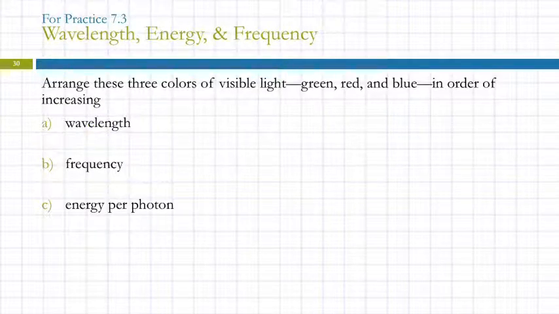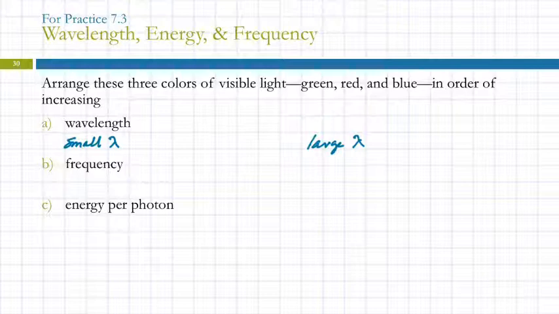In order of increasing means you start with the small and you go to the big. A lot of people get this exactly backwards. I'm not sure why. Increasing means you start with the small and you increase as you go across.